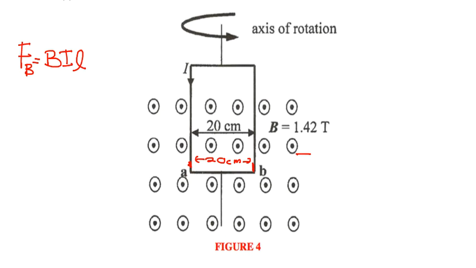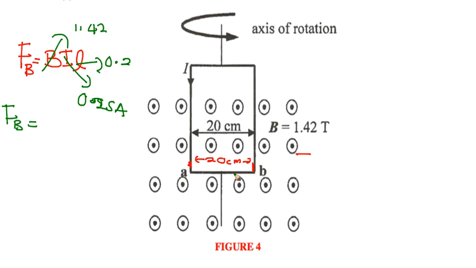The value of B is 1.42, the current flow is 0.25 ampere, and the length of 20 cm converted to meters is 0.2. So the magnetic force F on wire AB is equal to 0.071 Newton.